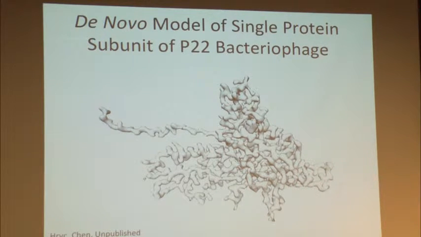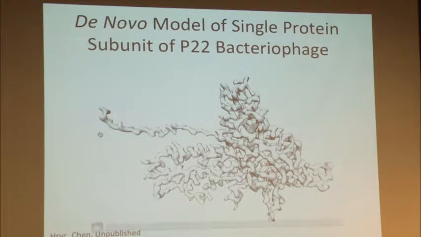I just want to make sure to mention these 7 molecules are chemically identical, but they are not necessarily, in fact, they are not structurally identical. Okay, because that is, again, a common theme of molecular machines. They can make up the same protein in a complex, the same chemical species, but their structure can be slightly different. So we're building a model for each of these 7 molecules in the asymmetric unit.